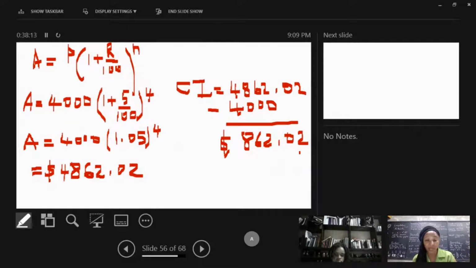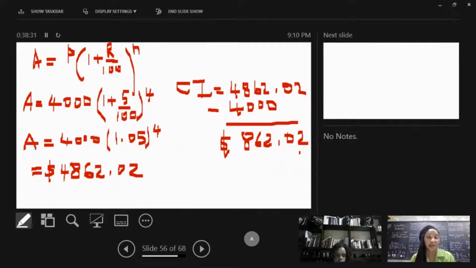The longer you leave it there, the more it's going to grow. So it's like it's picking up speed each time, and that's why Einstein was referring to it as a force.